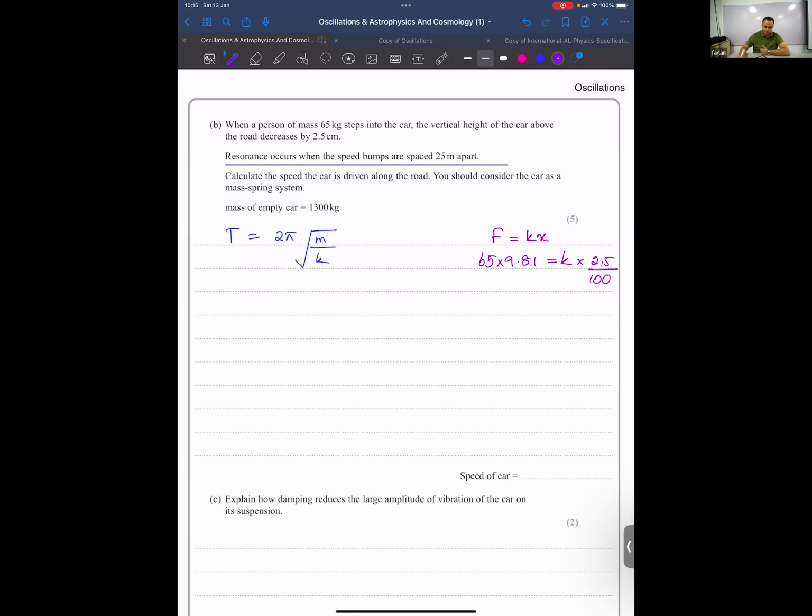I do not have to consider the mass of the car, because the mass of the car is anyway there. That additional 2.5 centimeters compression is for that 65 kilograms, not for the entire weight. So from here, I can find the k.